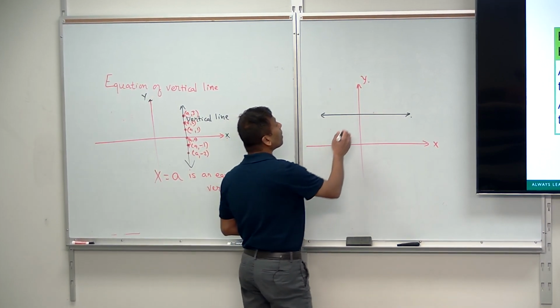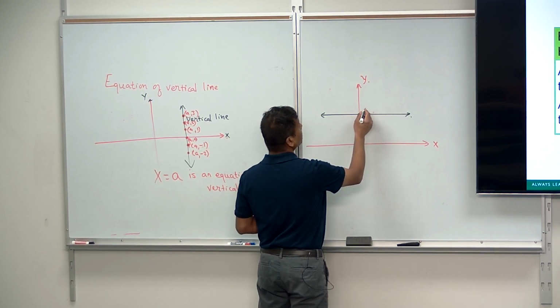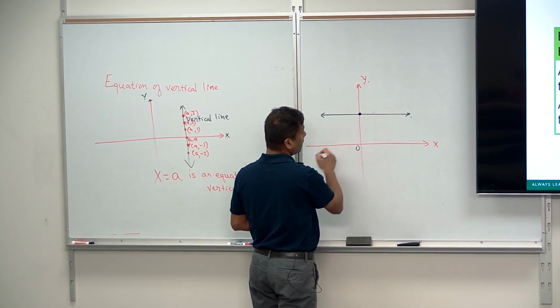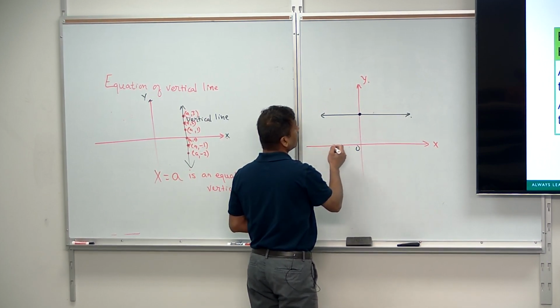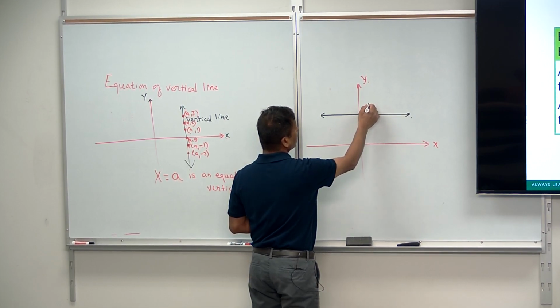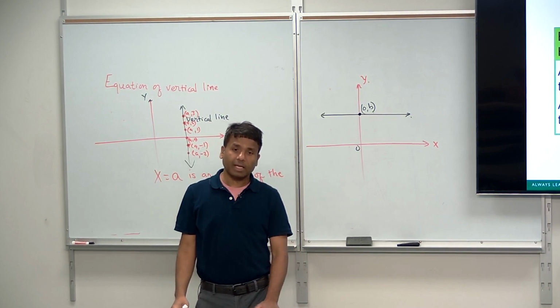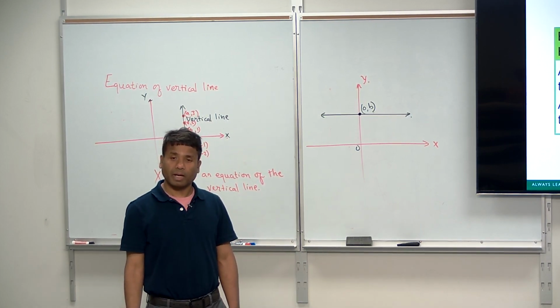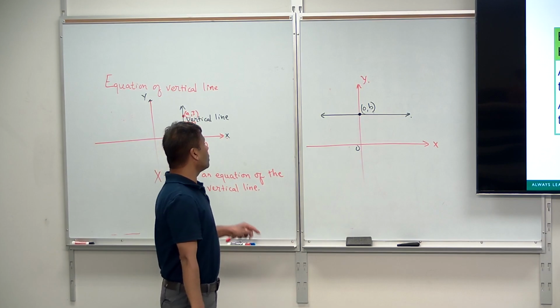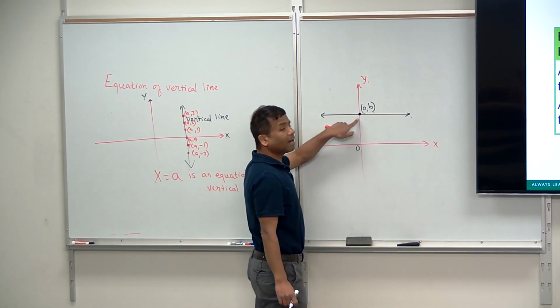This is your origin, okay? And let's say it passes through the point (0, b). That makes sense? Right? So you see the y value is fixed.